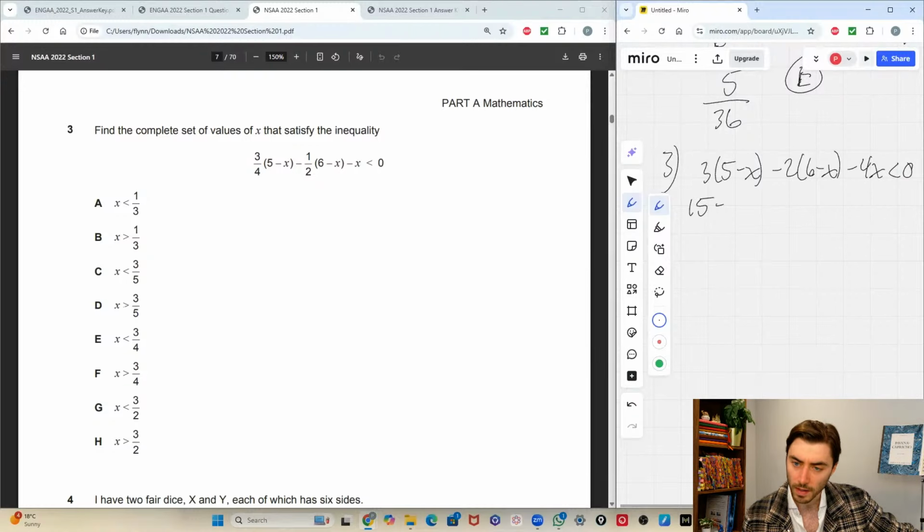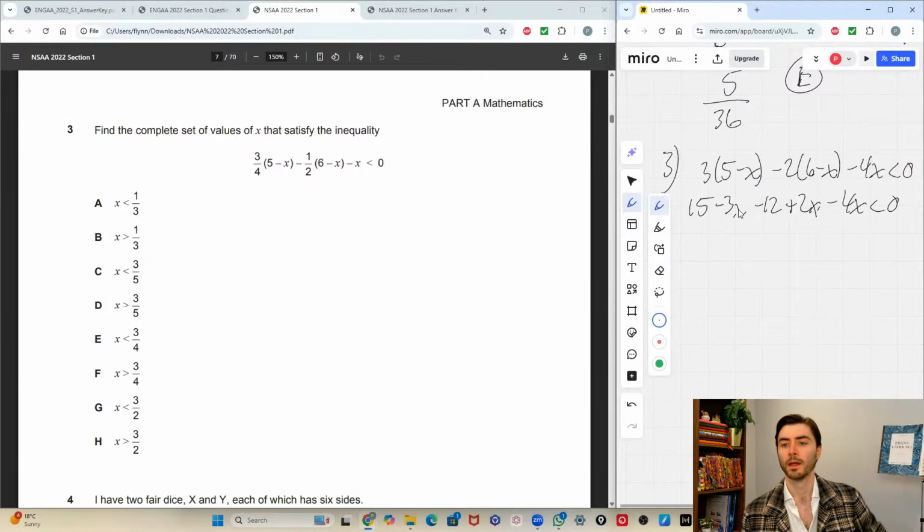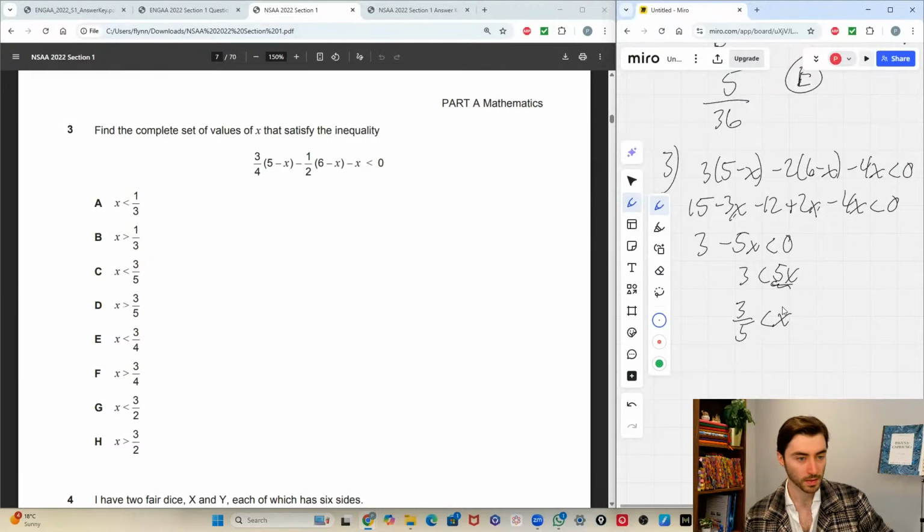So 15 minus 3x minus 12 plus 2x minus 4x less than 0. So that is going to be 15 minus 12, so 3 minus 7 minus 5x, bigger than 0, 3 less than 5x. X is bigger than 3/5, which is C. Split.